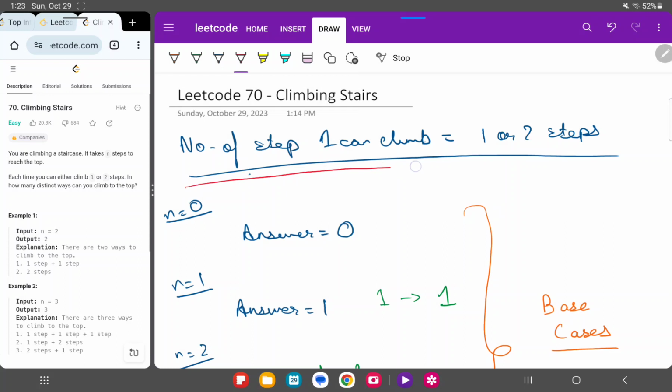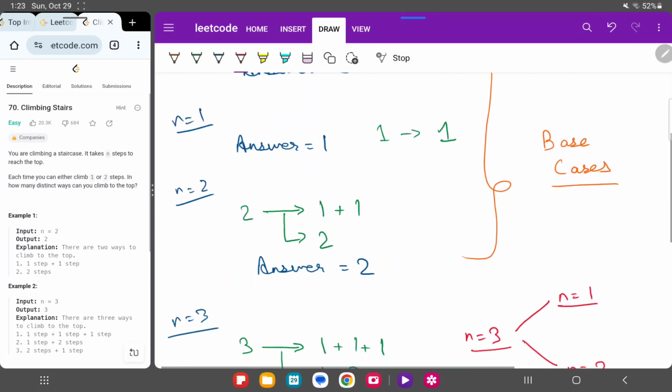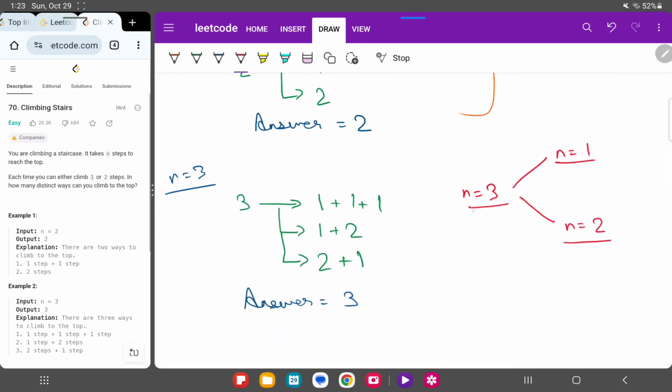The number of steps one can climb is 1 or 2 steps. So to find the answer for n equals 3, we need to know the values for n equals 1 and n equals 2. So this problem essentially boils down to what are the ways to climb n equals 1 and n equals 2.